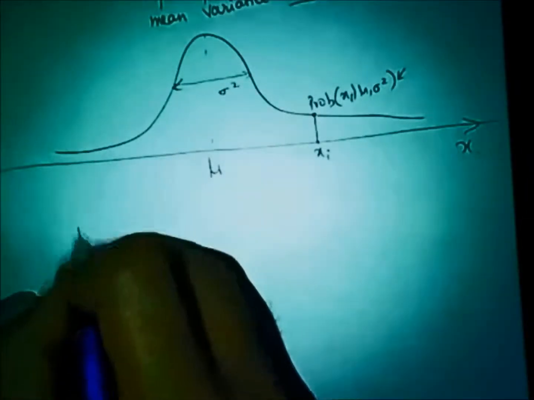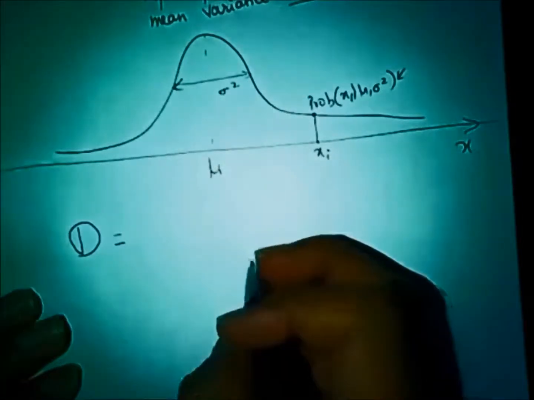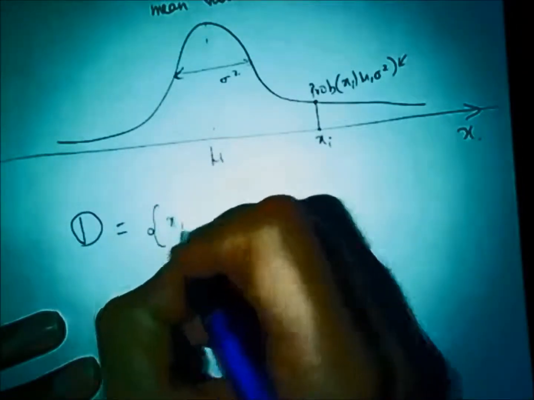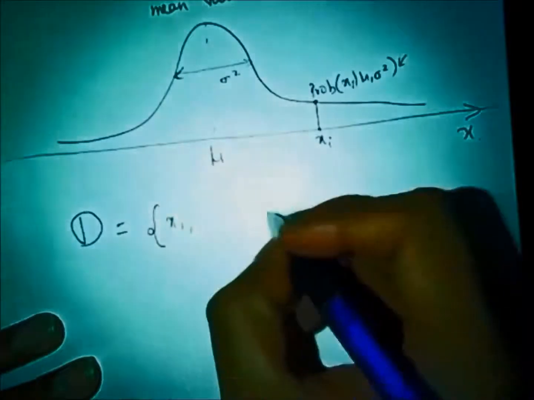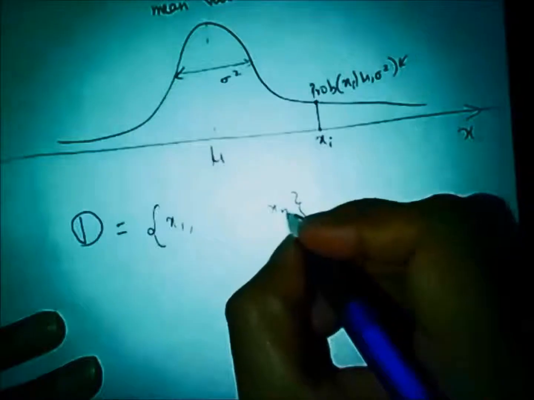Now again, let us assume that we have a sample set D of samples that you have already obtained from the Gaussian distribution, and let us denote it by x1 until xn.